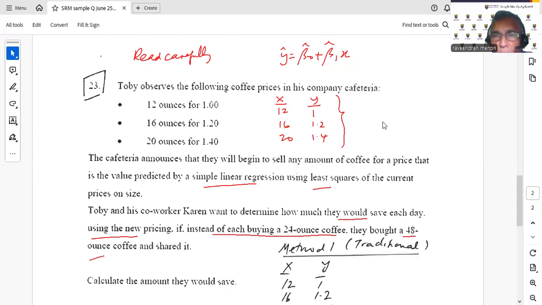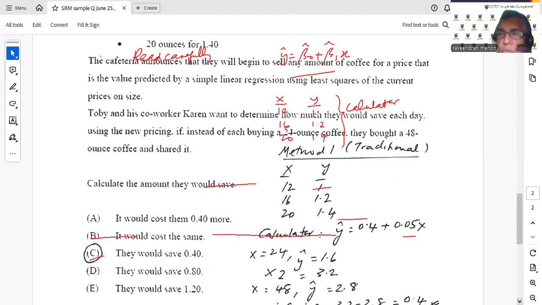Before doing any other calculations, you can plug all these numbers into your calculator, and then you can get the values of beta naught hat and beta 1 hat, the intercept and the slope. If you do that, you will get, let me show you what I got, y hat equals 0.4. Let me clear this.